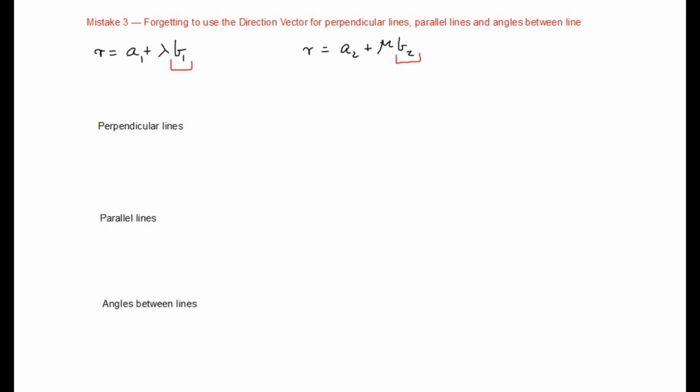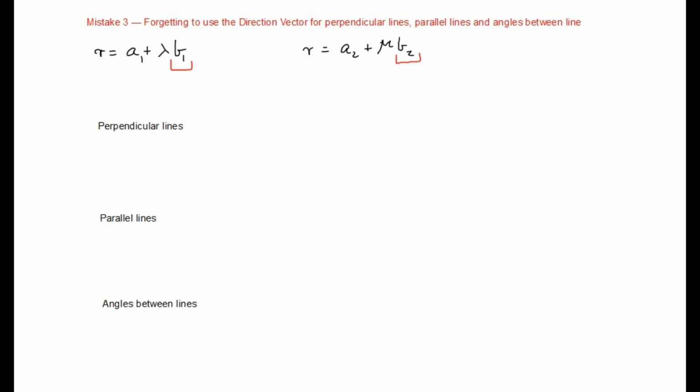So we don't use a1 plus alpha b1 or a2 plus mu b2. We'll just use this small vector here, b1 or b2, to carry out any calculations involving angles and directions. So for example, for perpendicular lines, we know that their dot product is 0.